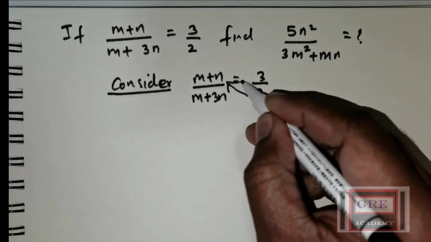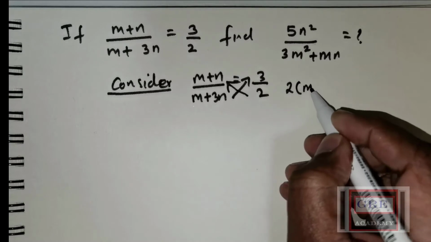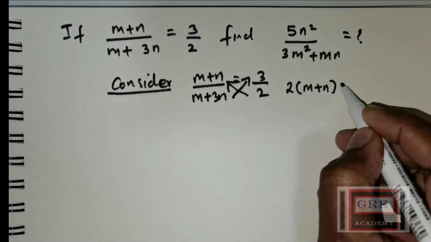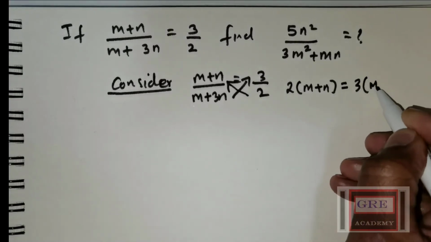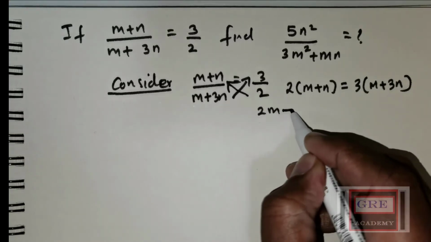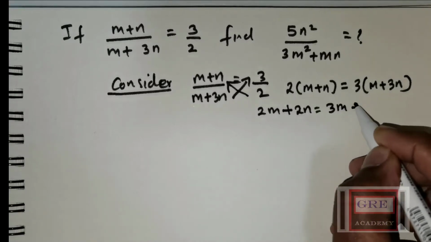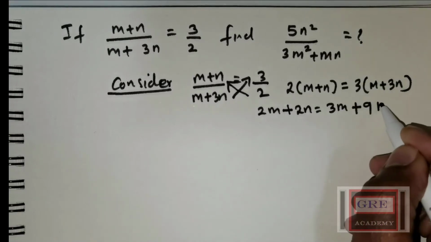Now when we cross multiply, we would get 2 of m positive n is equal to 3 of m positive 3n. This is going to be 2 times m positive 2n is equal to 3 times m positive 9n.